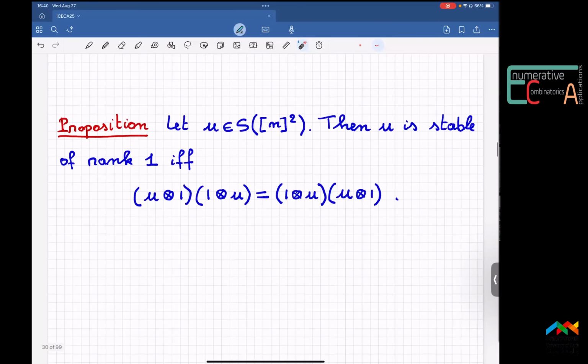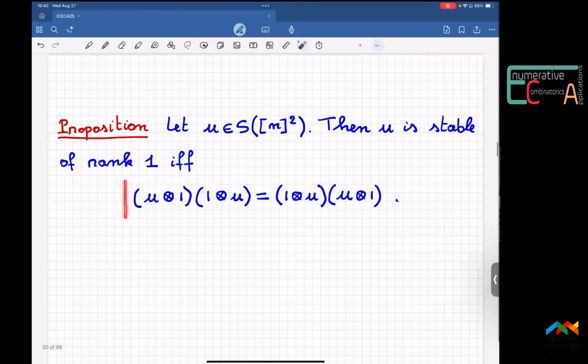So in n squared, so here t is 2, there is a nice, very quick way to see if u is stable of rank 1. It simply means that it satisfies this equation, so that u tensor 1 and 1 tensor u commute.